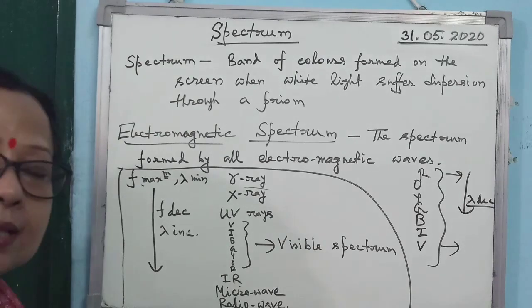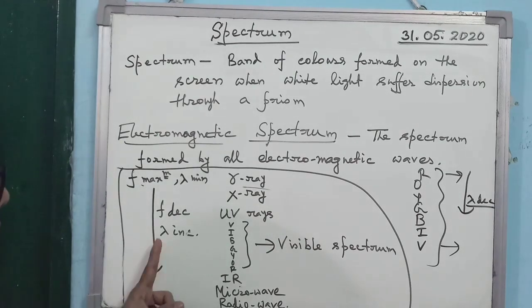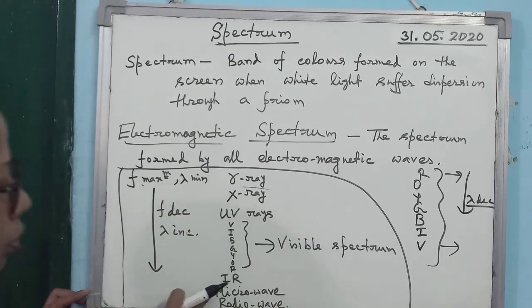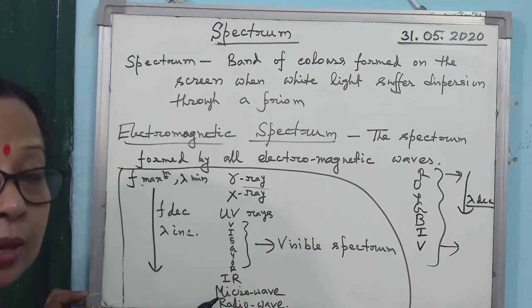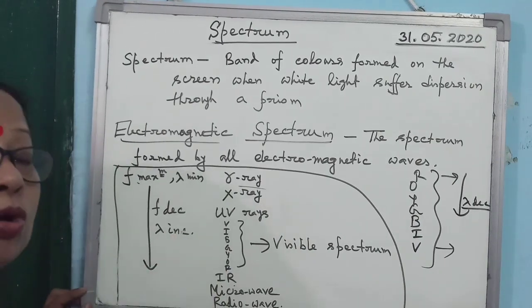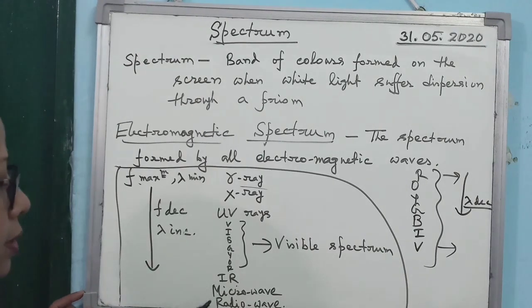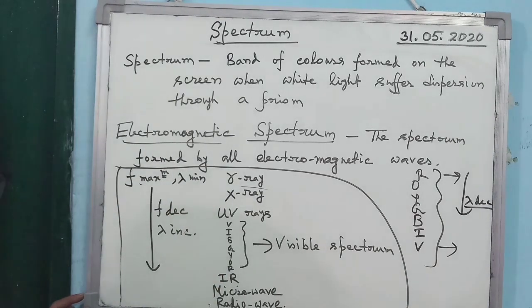If I ask you to arrange them in increasing order of lambda, you will write X-ray first, then green, then micro, then radio wave. But if I say write these 4 in descending order of wavelength, you will write radio first, then micro, then green, then X-ray. I hope you have understood it.